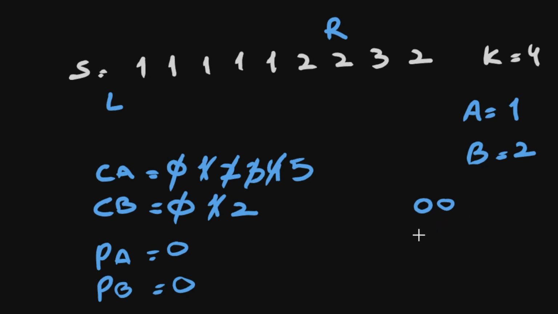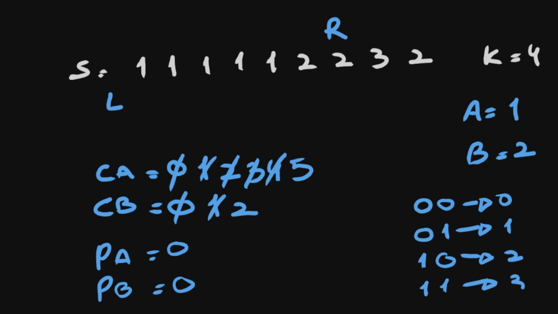Another state is the first value is even, the second value is odd. Another state is the first value is odd, the second one is even, and the final state is both values are odd. Now here we have binary numbers, and we can transform this into decimal numbers. So here we have 0, this is a 1, this is a 2, this is 3.